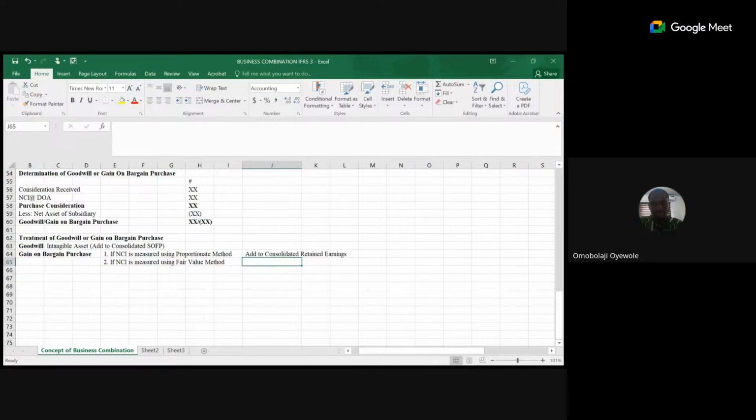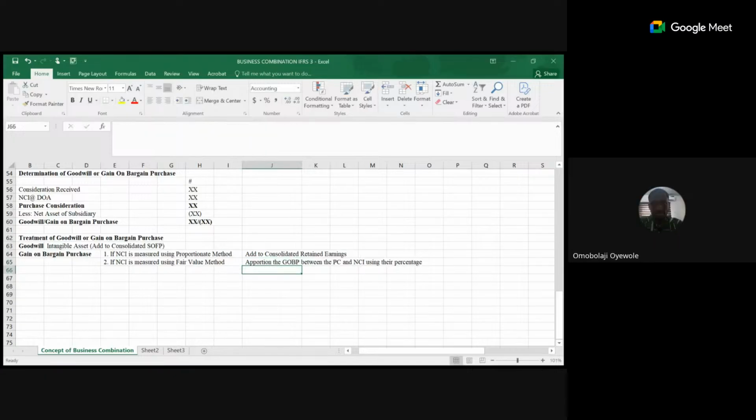Now, I would apportion the gain on bargain purchase between the parent company and who? NCI. So using their what?